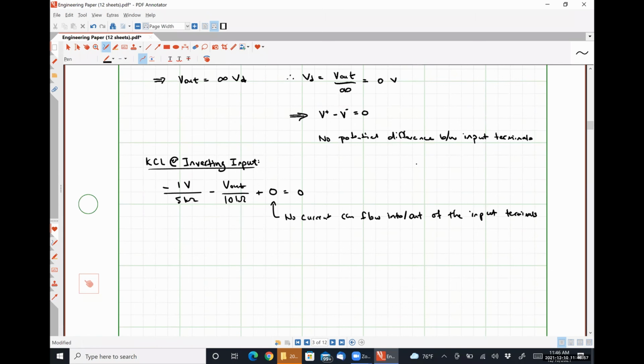And so if we rearrange this, we'll find that V out is equal to negative 10 kiloohms divided by 5 kiloohms times 1 volt, or negative 2 volts. And as Chaston mentioned earlier, the output voltage is simply the closed loop voltage gain multiplied by the input voltage.